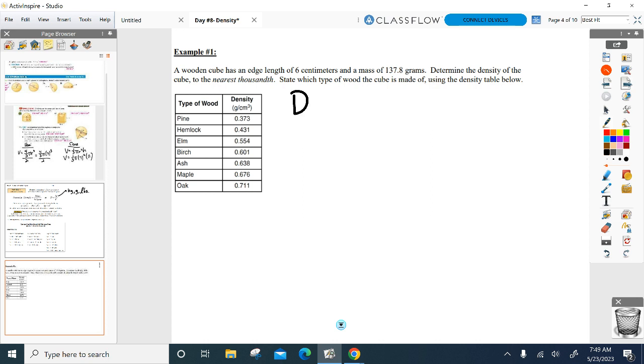So we know density is mass over volume. We are already given the mass, 137.8. And here's where you're going to have to do some work. Find the volume. Okay, that's why we put it in this unit. All right, what is the volume of this cube?